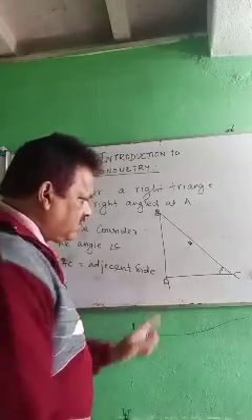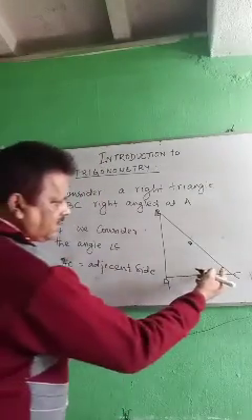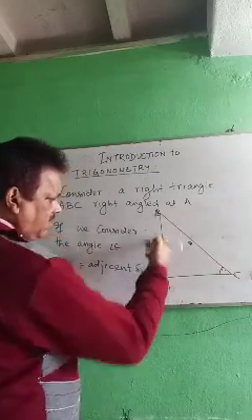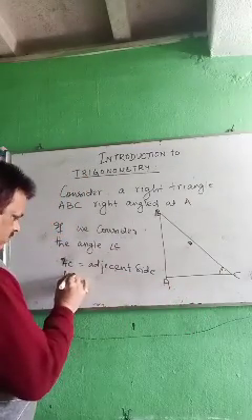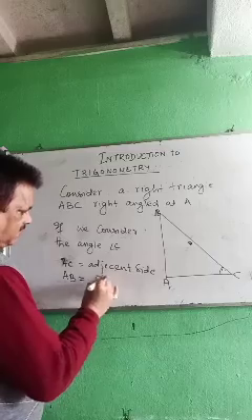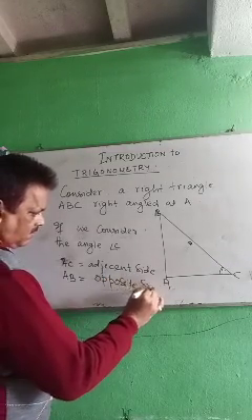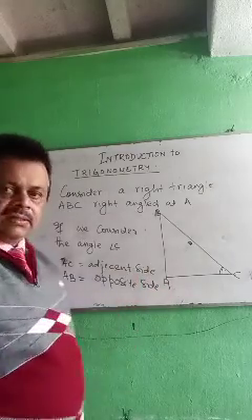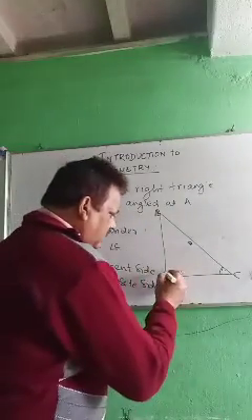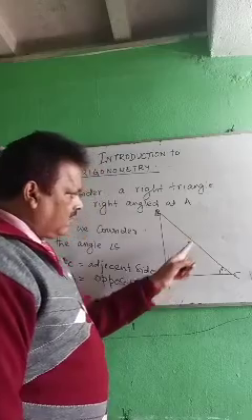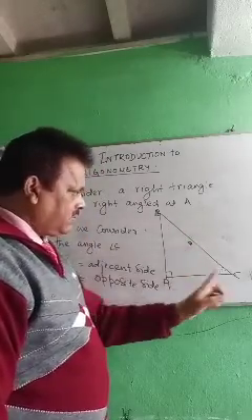This will be adjacent side. Then C का opposite AB will be opposite side. Remember, 90 degree का always opposite is hypotenuse.